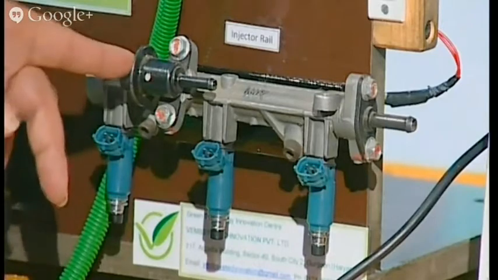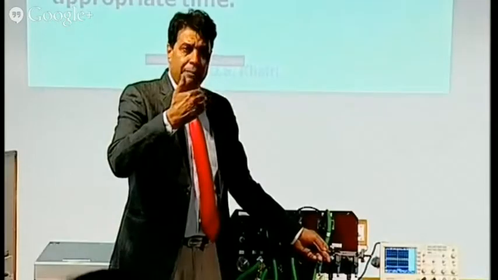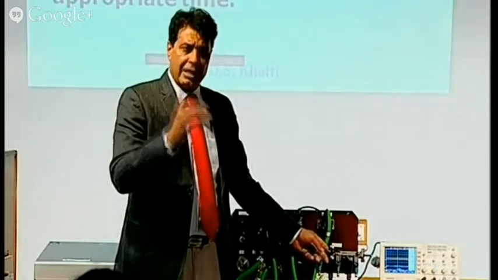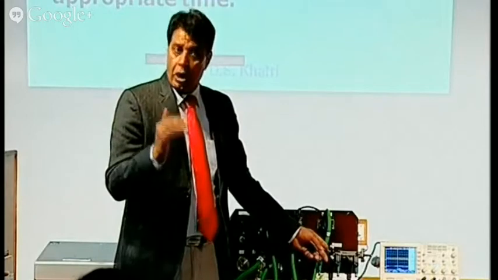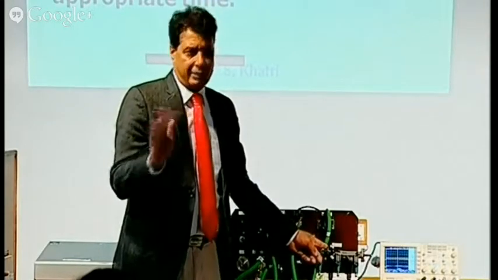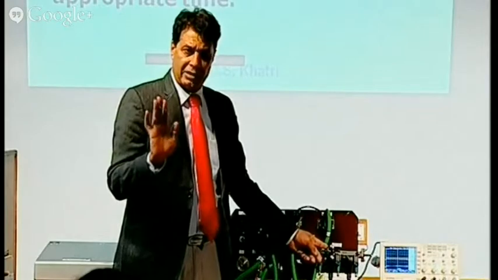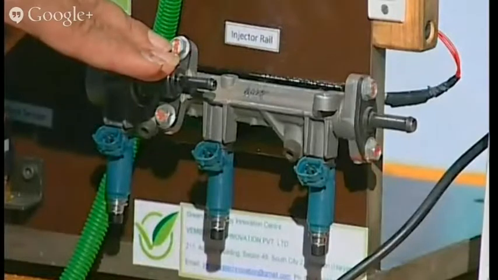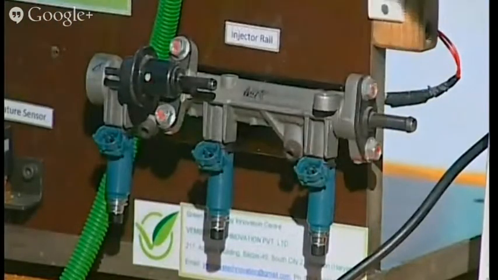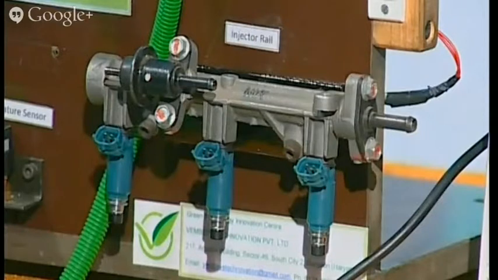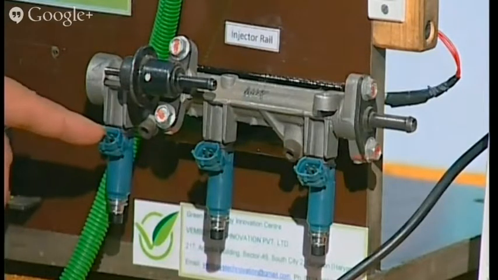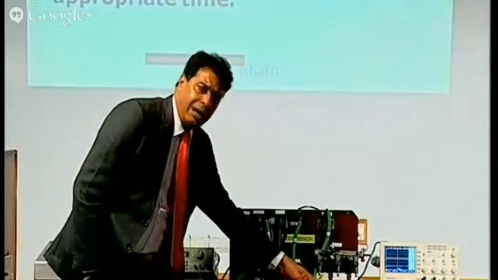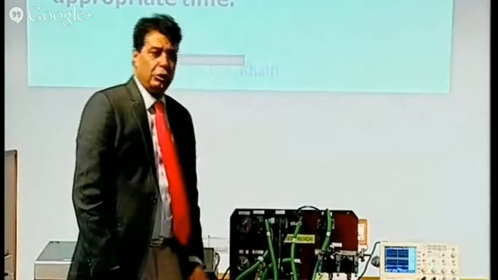There is a diaphragm in this which will operate and maintain the pressure around 2.9 kgf per centimeter square or 290 kilopascal. That is, the pressure is being maintained in the pressure regulator. Excess fuel will return. When the ECU gives a command, the injector will operate, which will switch on the injector, and fuel is injected from the tip of the injector. You have seen that.